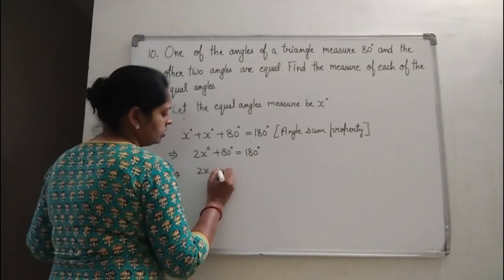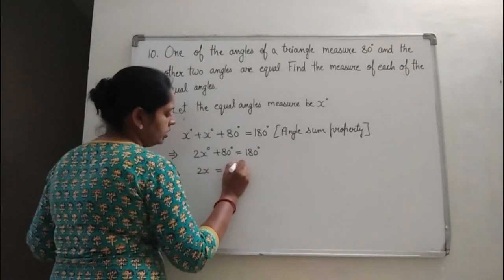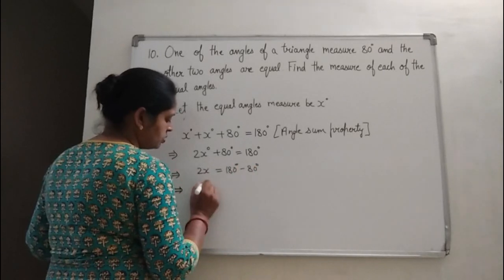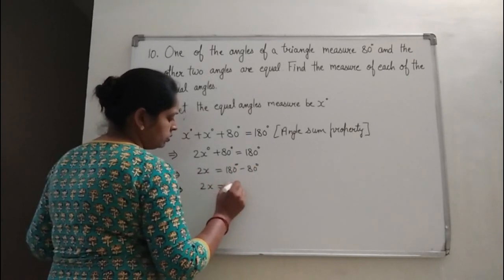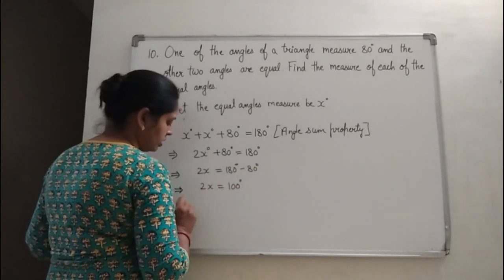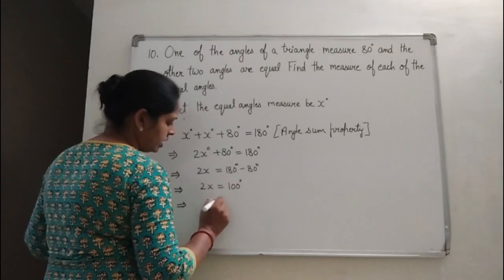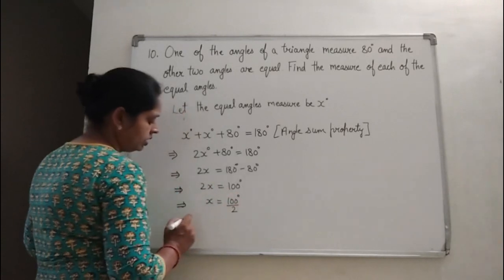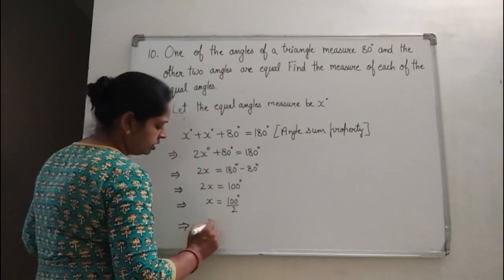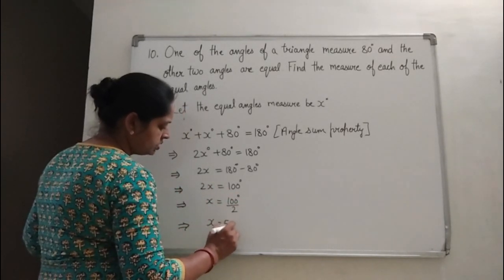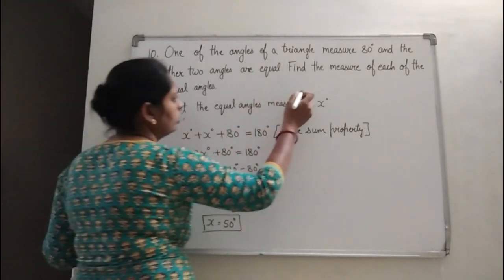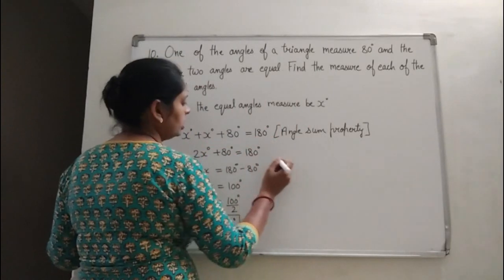2x is equal to 180 degree minus 80 degree, which implies 2x is equal to 100 degree. Hence we got the value of x as 100 degree divided by 2, that will be equal to 50 degree. So x we got as 50 degree, and we were to find the measure of each of the equal angles.